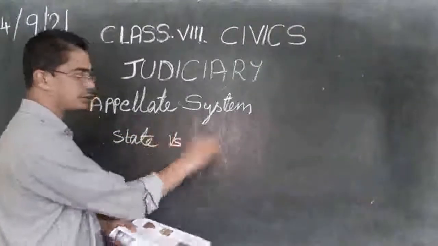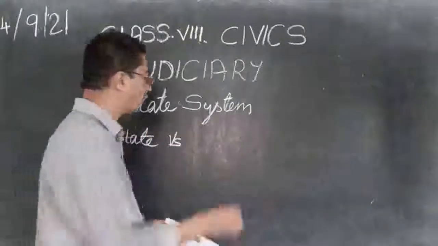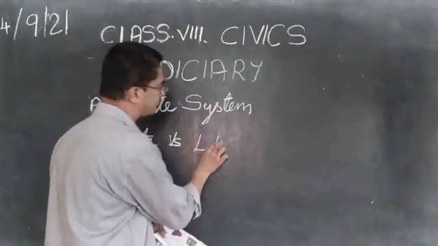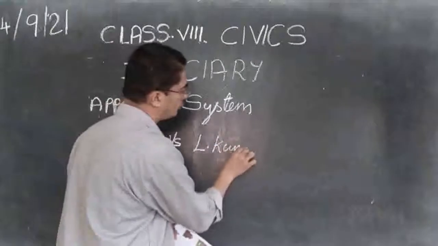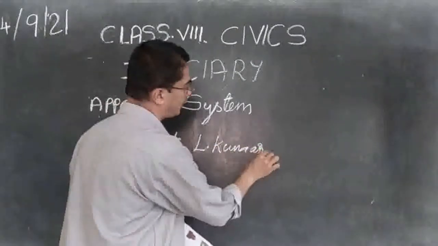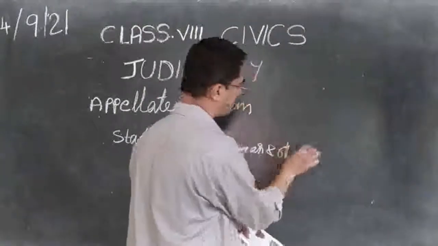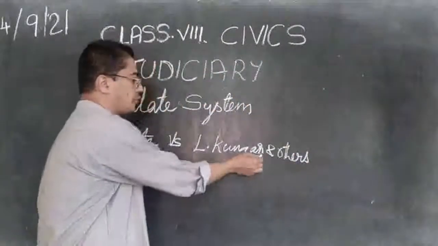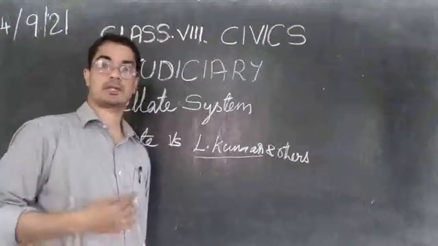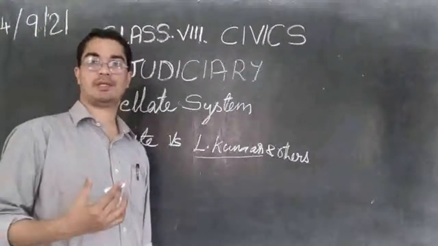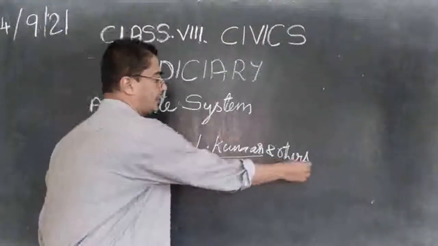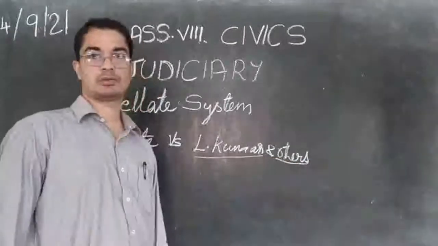So, State versus Lakshman Kumar and others. Lakshman Kumar is the main person, the culprit who committed the crime, and with him there are others also.